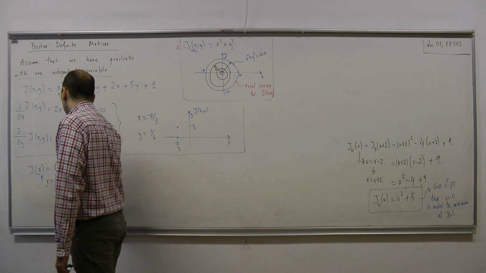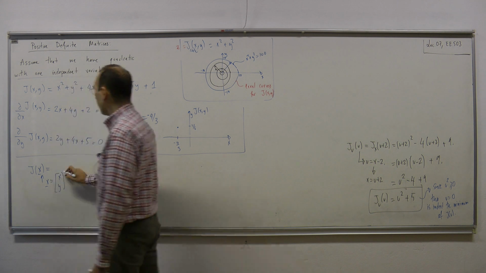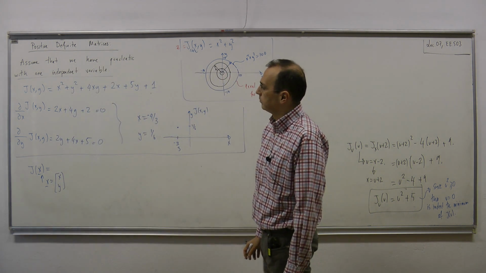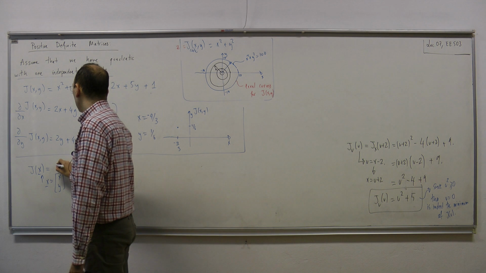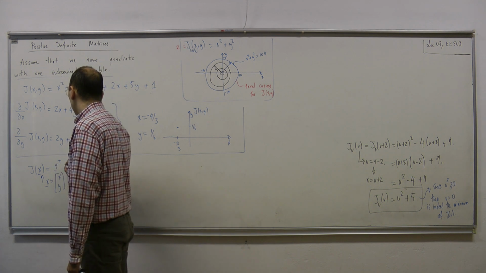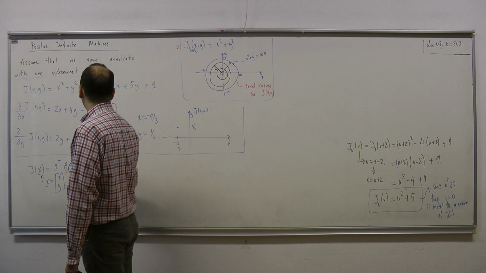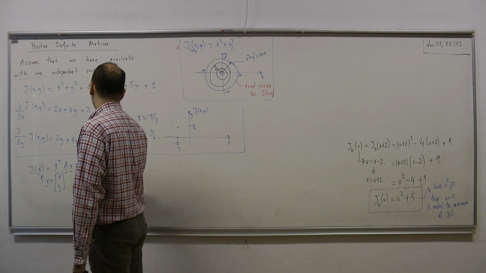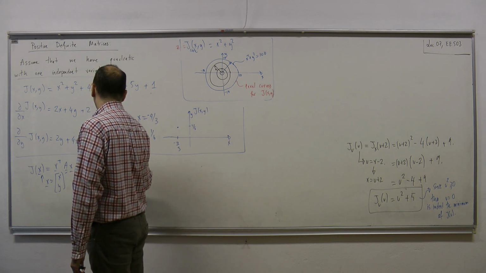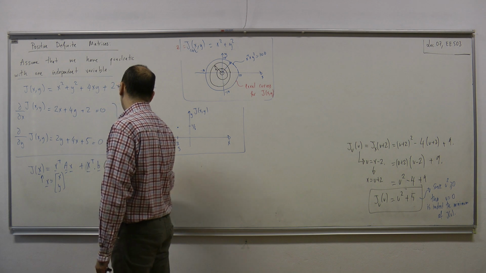Now my x vector is x and y, okay? So I will write this as x transpose A x plus x transpose b plus c.